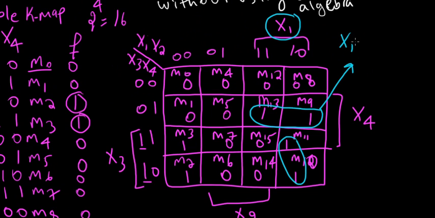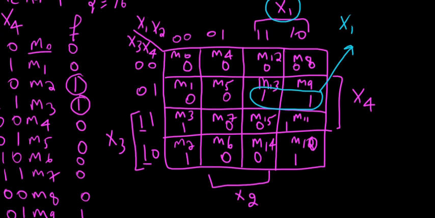Oh, actually this is not done here, because this was x1 joined together, and then you should go through every variable. What happens with x2? x2 is changing, so this one falls in x2, this one falls in x2 bar, and x3 you can see they both fall in x3 bar, which is this row. So x3 bar should be there, and x4 they both fall in x4, so there's an x4.